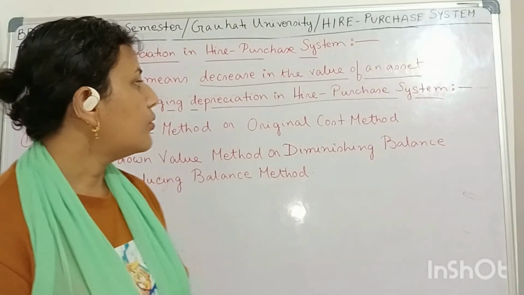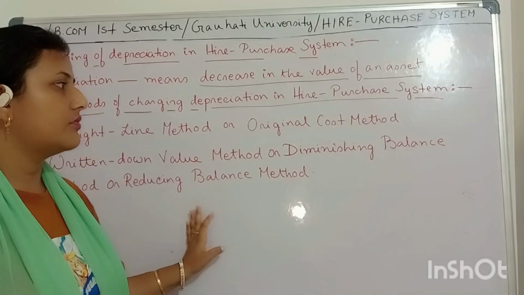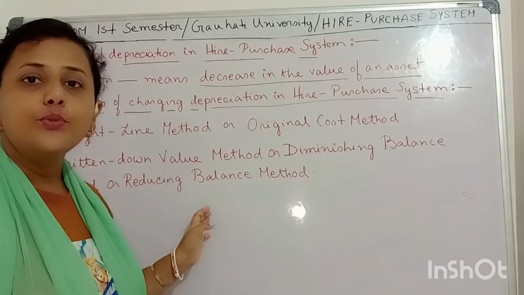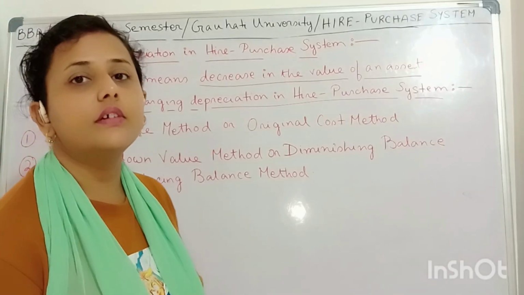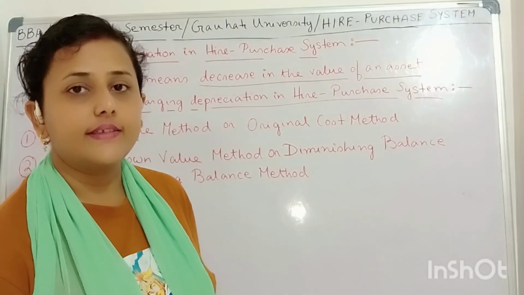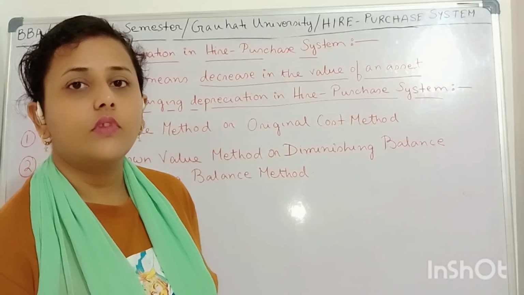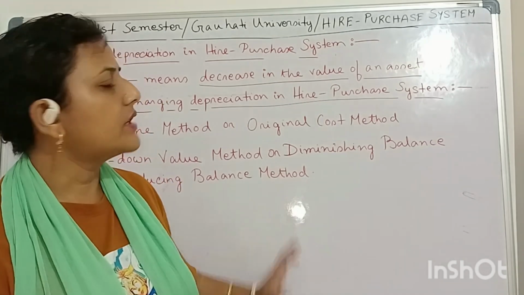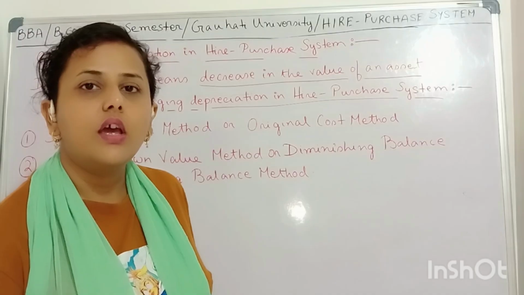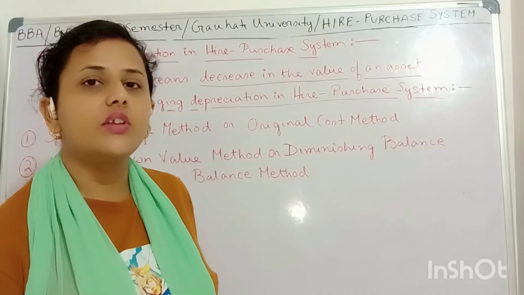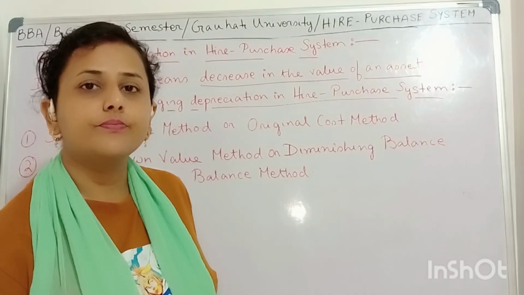So only these two methods are used in hire purchase system to calculate the depreciation of the asset. These two methods I hope first year students and BBA students have done in your depreciation chapter.